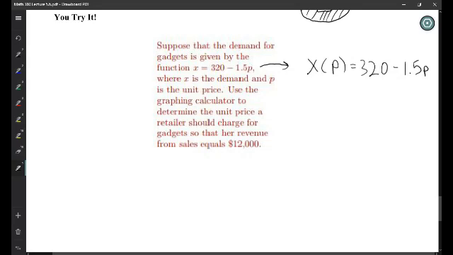Right. Use the graphing calculator to determine the unit price a retailer should charge for gadgets so that her revenue from sales equals $12,000. Well, here's just a fact from economics.